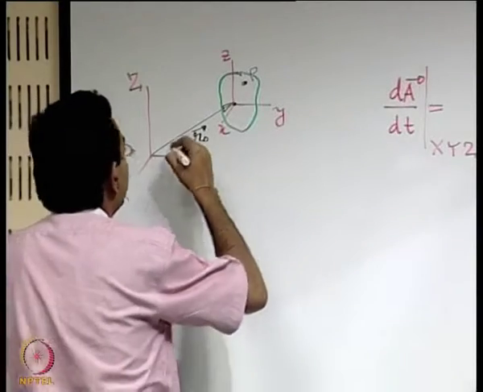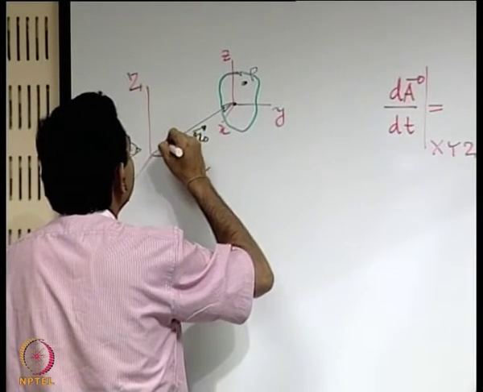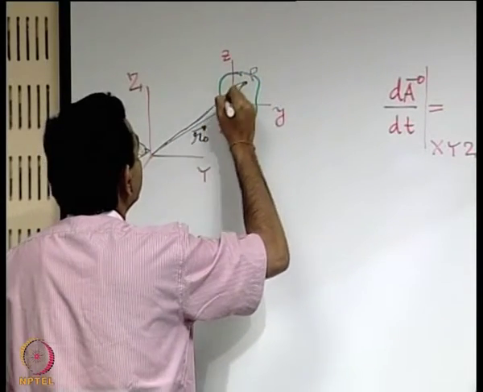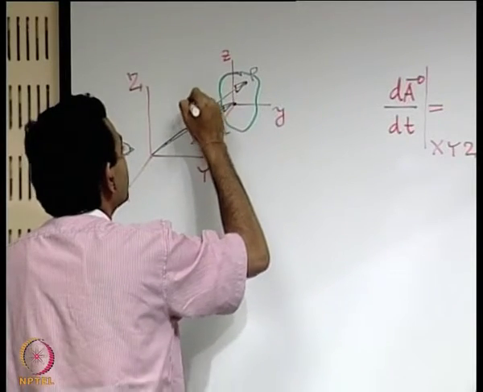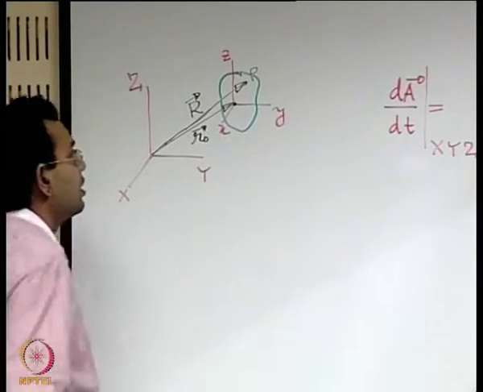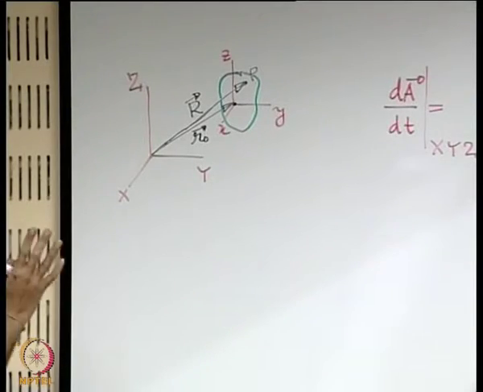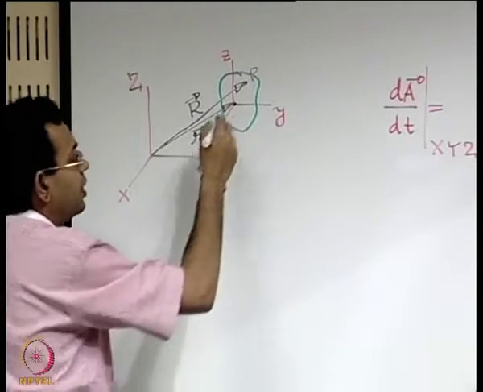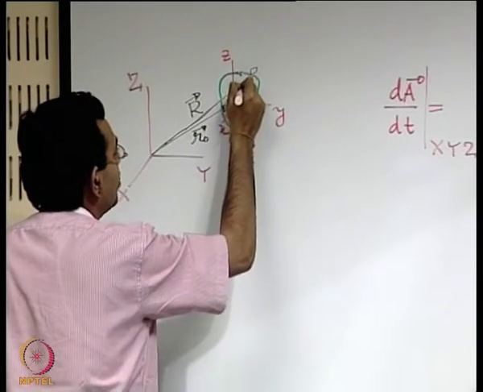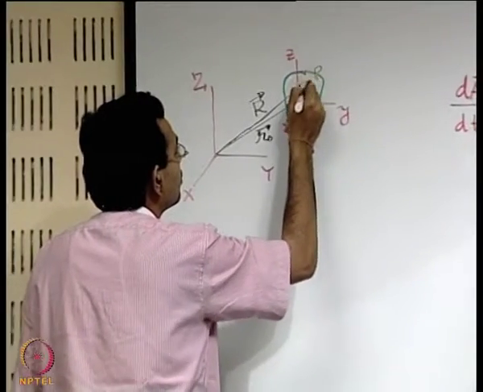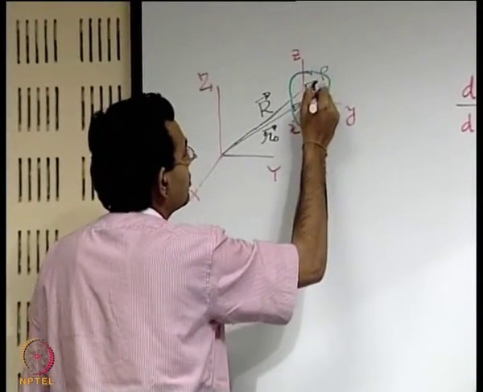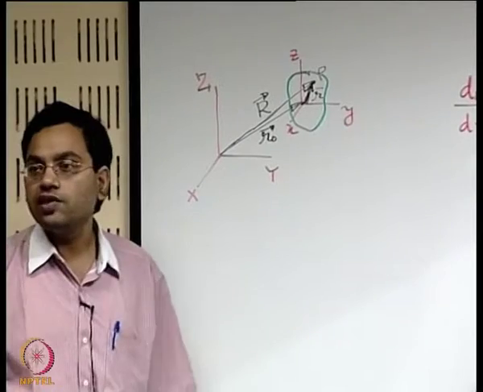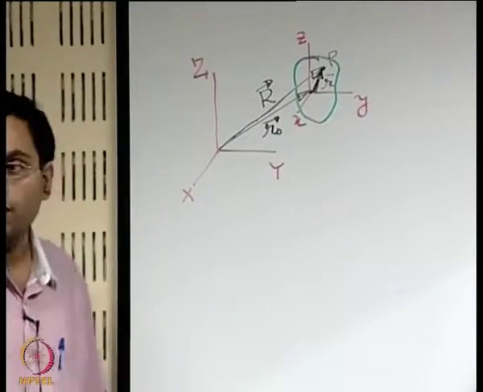This point is described by a position vector, which we call capital R. But if we are trying to analyze everything with respect to the small x y z reference frame, the important vector is the position vector of the point P relative to the origin of the small x y z reference frame, and let us say that is small r.